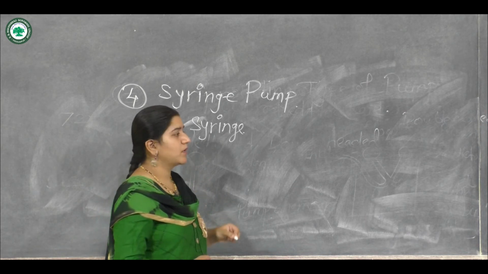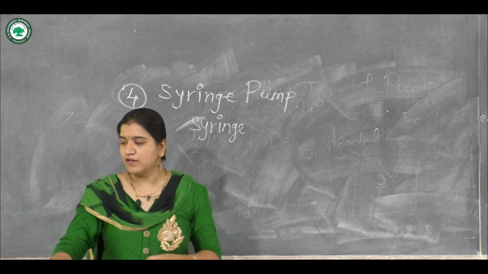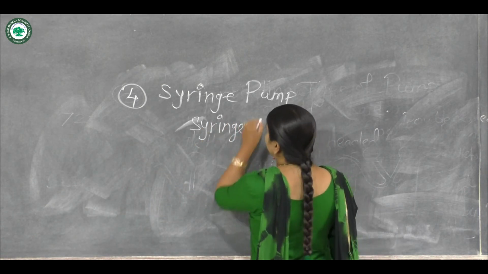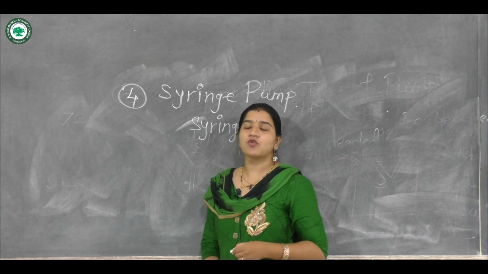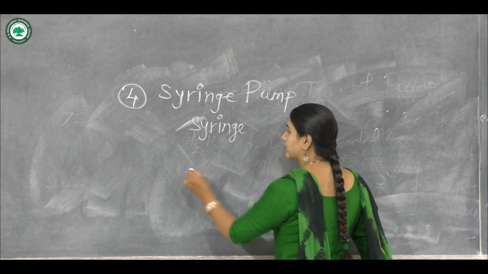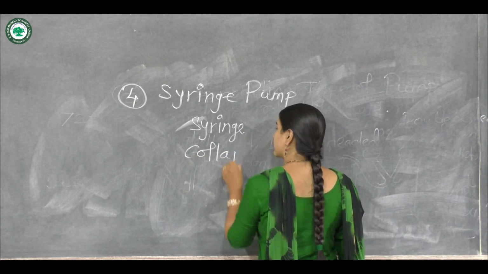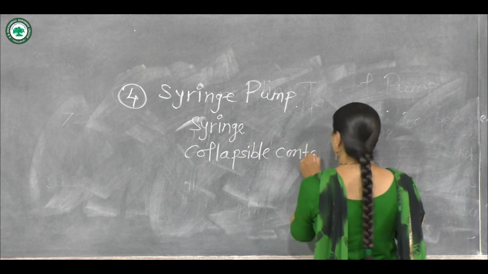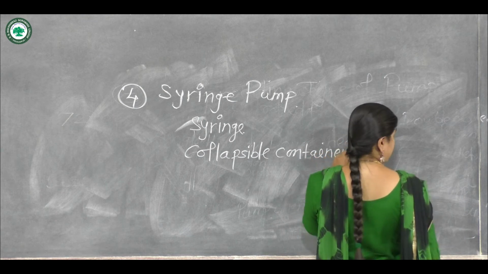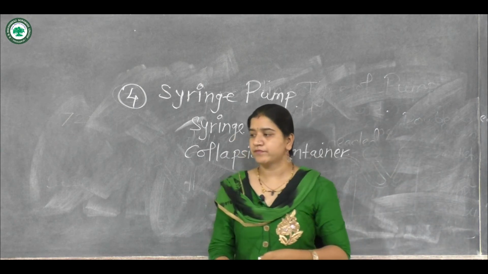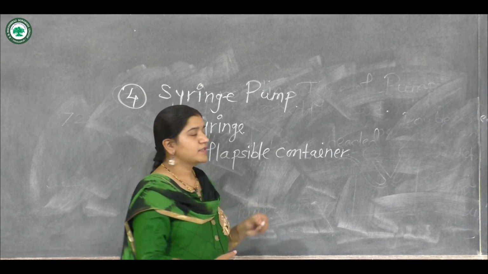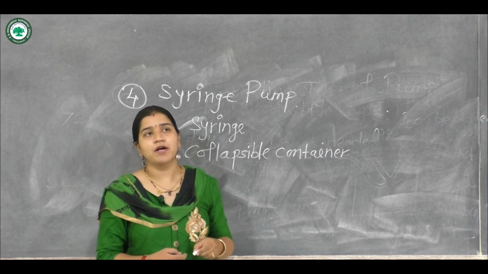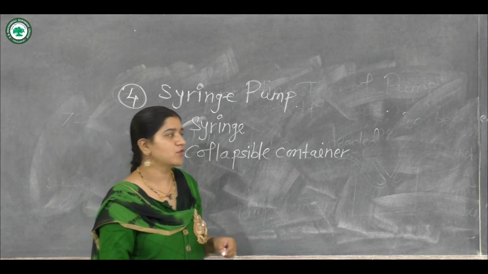In this type of pump, the necessary condition is that the pump is placed inside a collapsible container, and this syringe type of pump is also known as the constant volume pump.